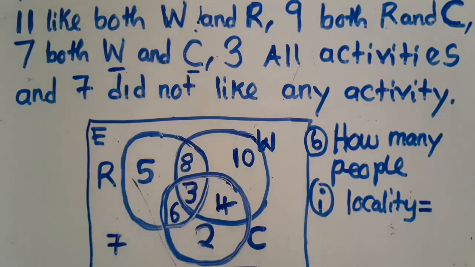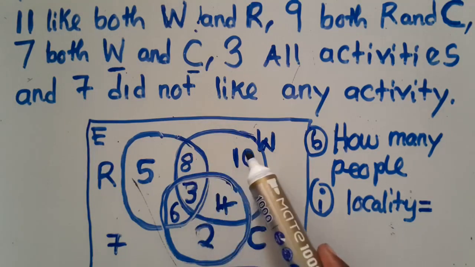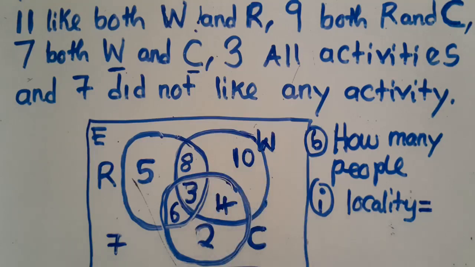So I've added 5 plus 6 plus 3 plus 8 plus 10 plus 4 plus 2 plus even the 7 that is outside, because these people were in the same locality, but they decided not to do any activity. So you include them. Plus 7. What answer are you getting? I'm getting 45.